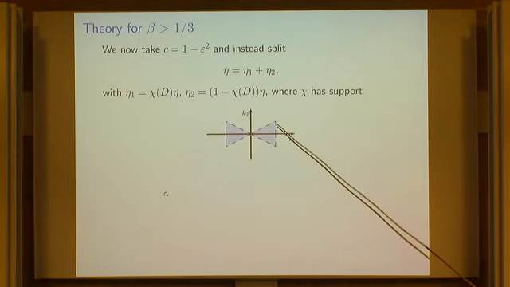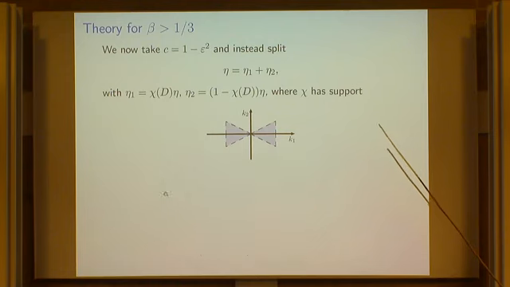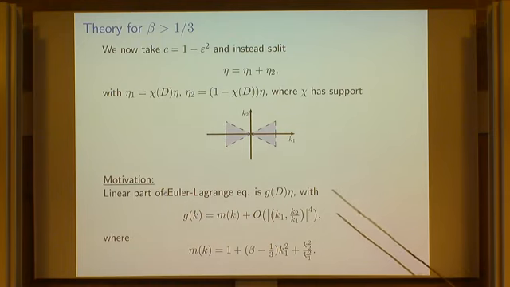And so you can ask why we should choose such a strange bow tie. Part of the reason is how the dispersion relation looks close to the origin, where you have some kind of singularities. You also see this in the KP equation.